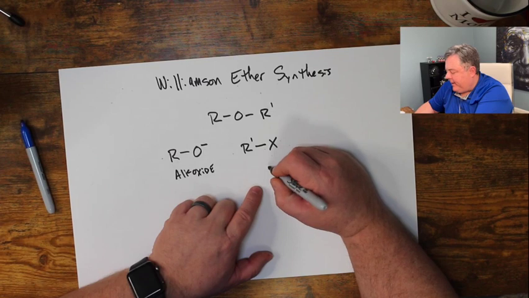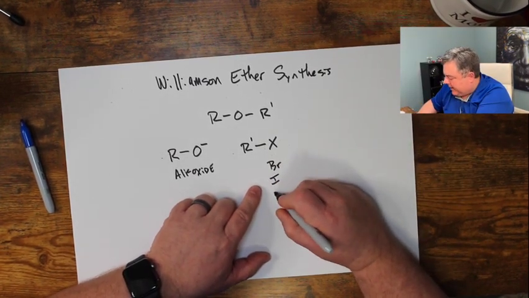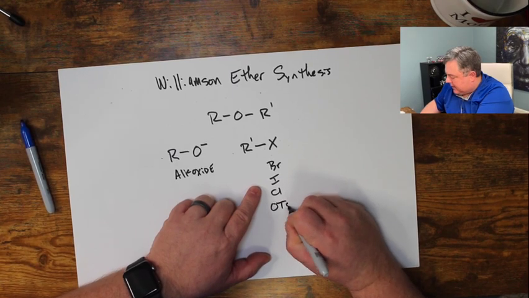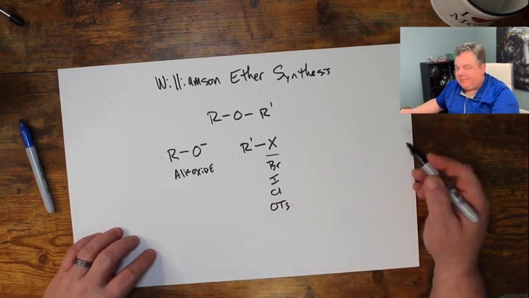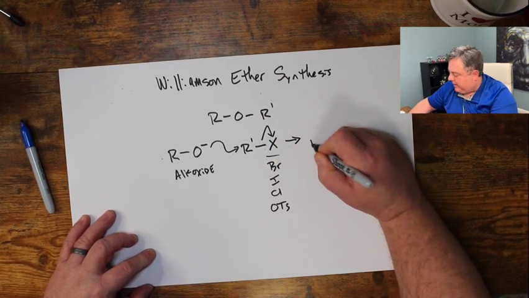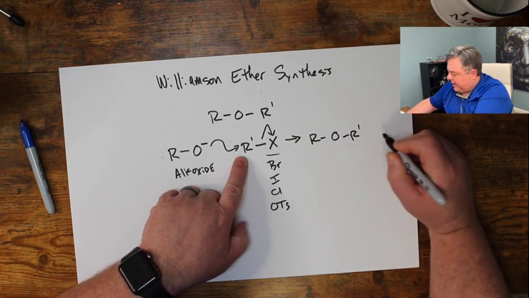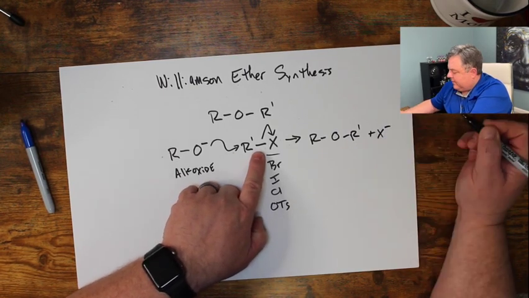So X might be, what are some good leaving groups? Bromide or iodide or chloride or tosylate. Those are some options for X. And we'll backside attack, that leaving group leaves, and that'll make R-O-R prime plus whatever my leaving group is.